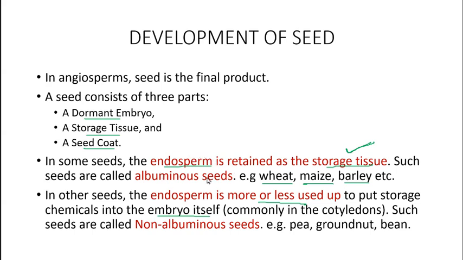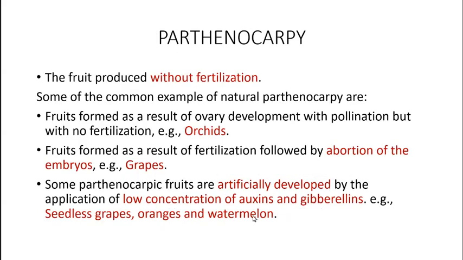Clear? Another important thing we need to know about is parthenocarpy. Parthenocarpy is the formation of fruit without fertilization. When fertilization does not happen, there is no seed formation. A seedless fruit is known as parthenocarpy. Remember, these types of questions, match the following, come a lot.